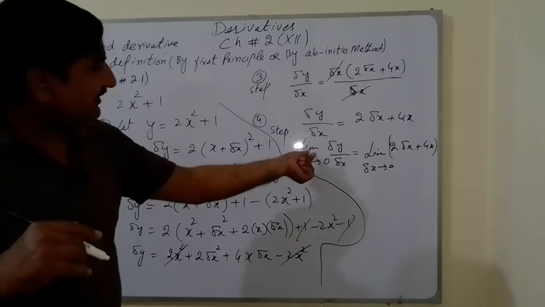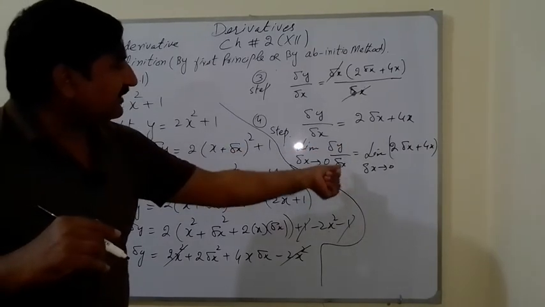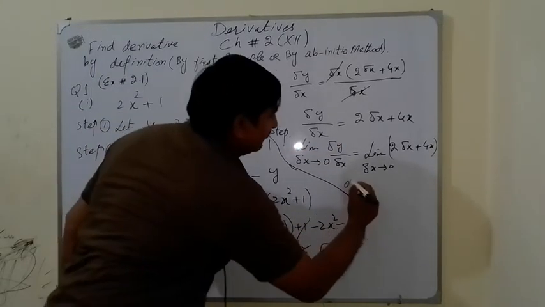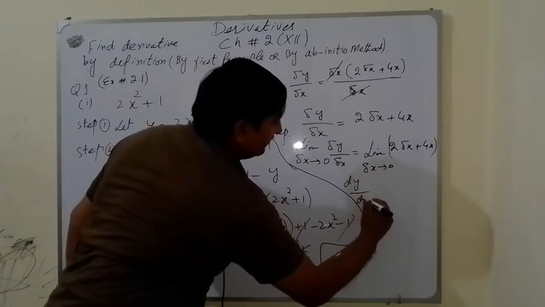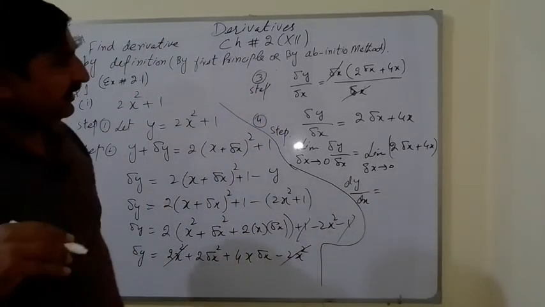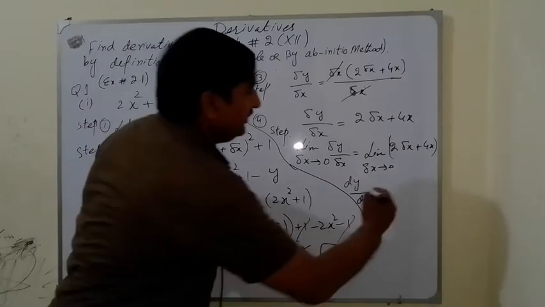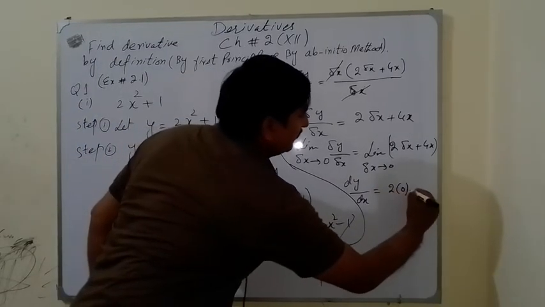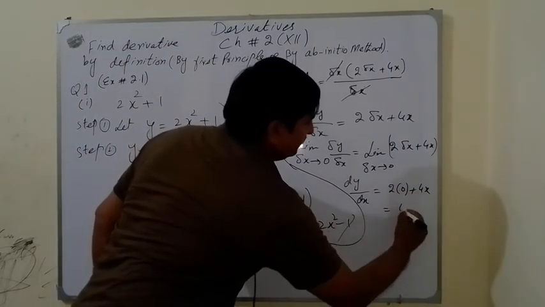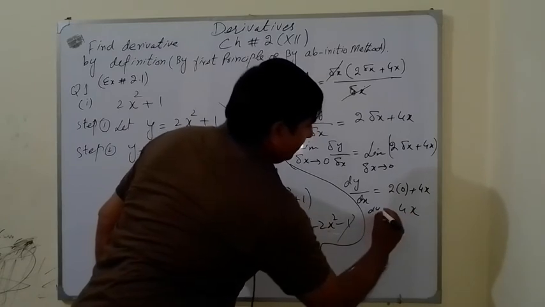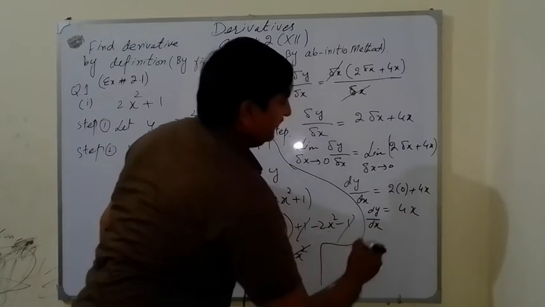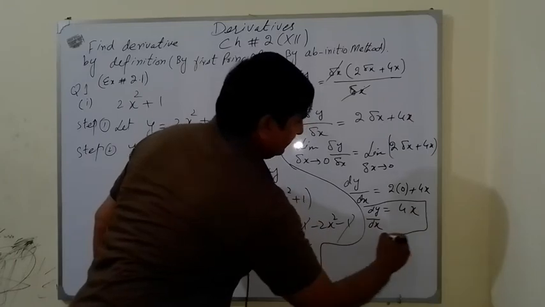By the definition, the limit del x goes to 0 of delta y over delta x becomes equal to dy over dx. That is the definition of the derivative. Applying the limit del x goes to 0, it becomes 2 into 0 plus 4x. So it will give you 4x, which is our required answer.